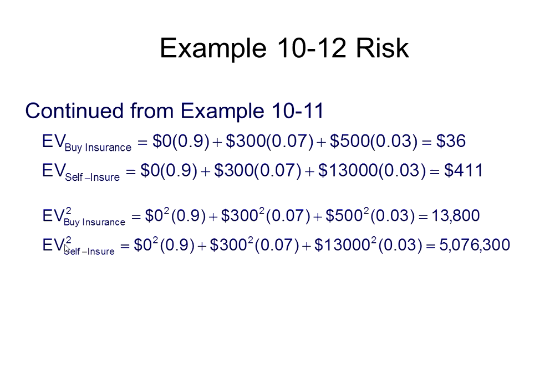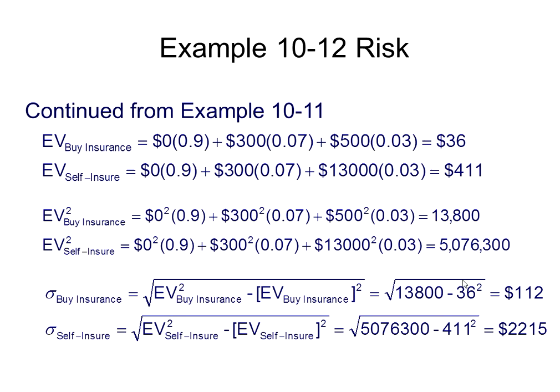We're finding the expectation of value squared. So square this, and square this 13,000, and we get this much, which is more than 5 million. And so then we can find the risk of buying insurance.